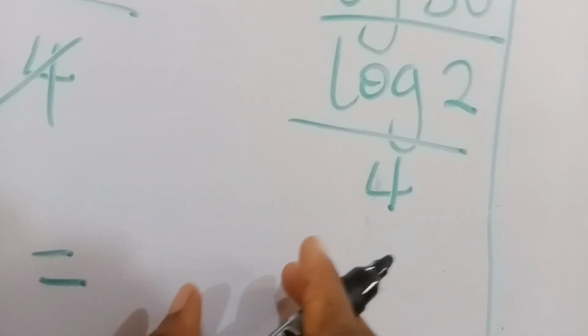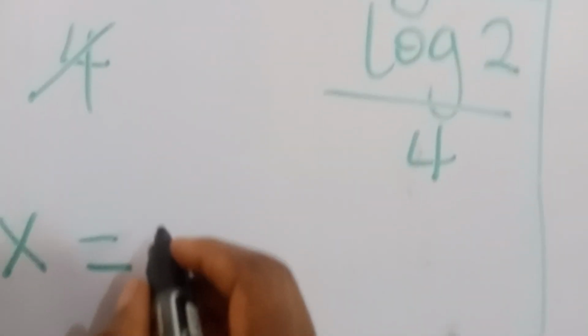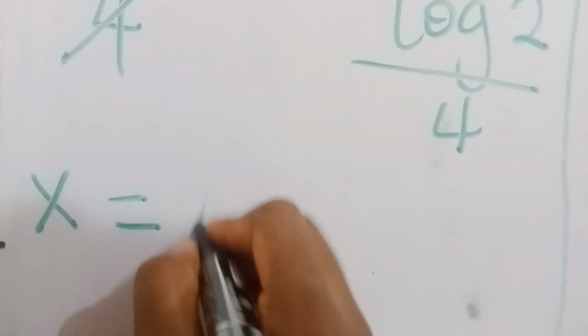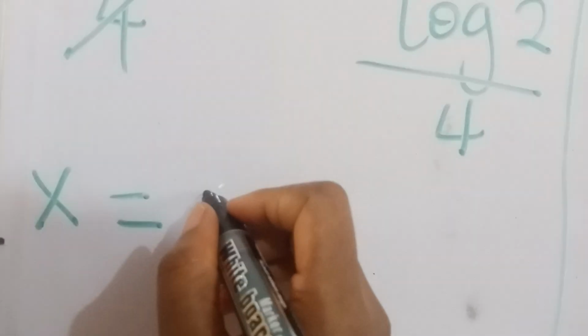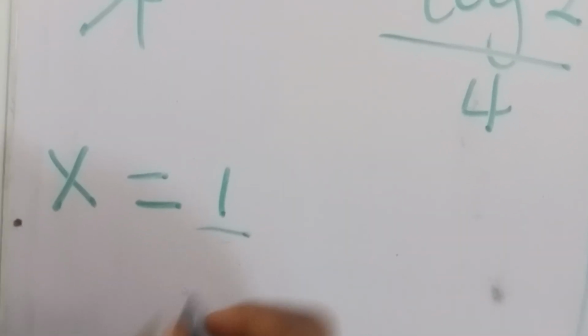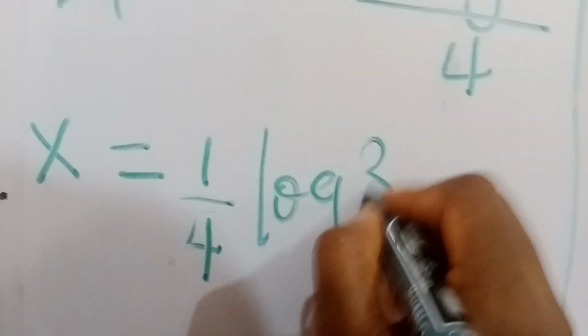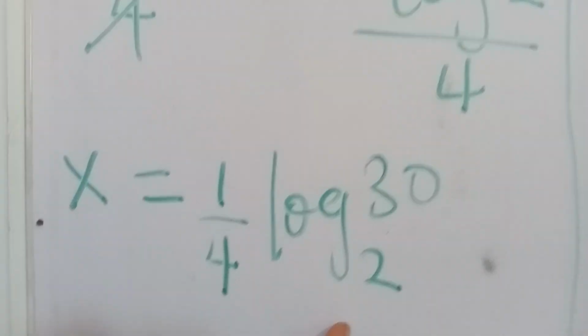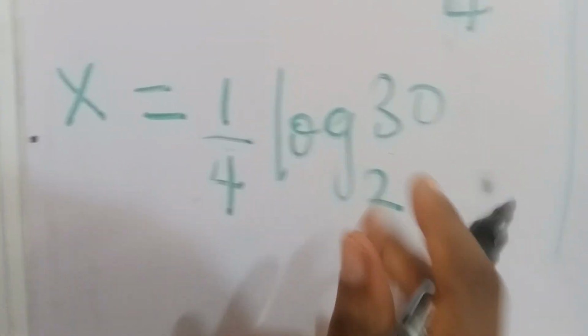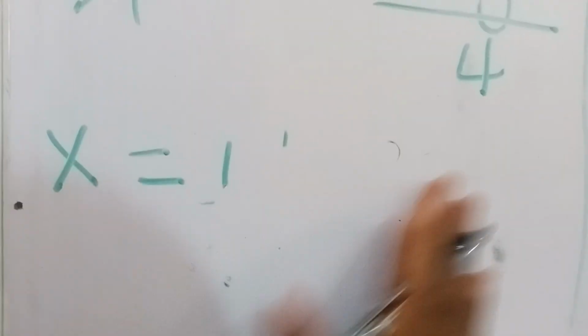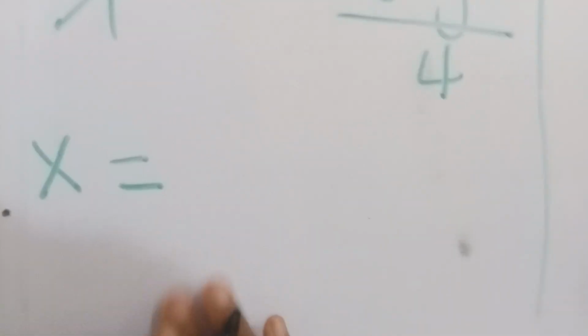To simplify log 30, some persons can leave their answer as this, as 1 over 4, log 30 over log 2. Some persons can leave it like this, but I like to go a bit further.